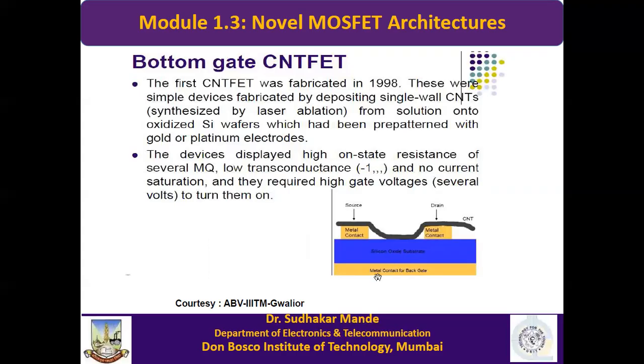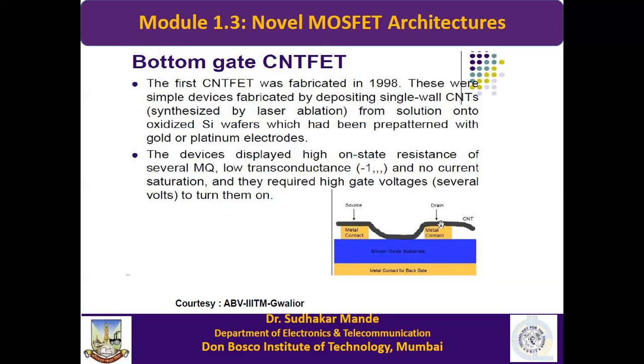It has a back gate, you can see here, on silicon oxide material. Two contacts are made here, one metal contact and another metal contact. With the help of a solution, the carbon nanotube is formed, and that carbon nanotube is attached to these metal contacts.